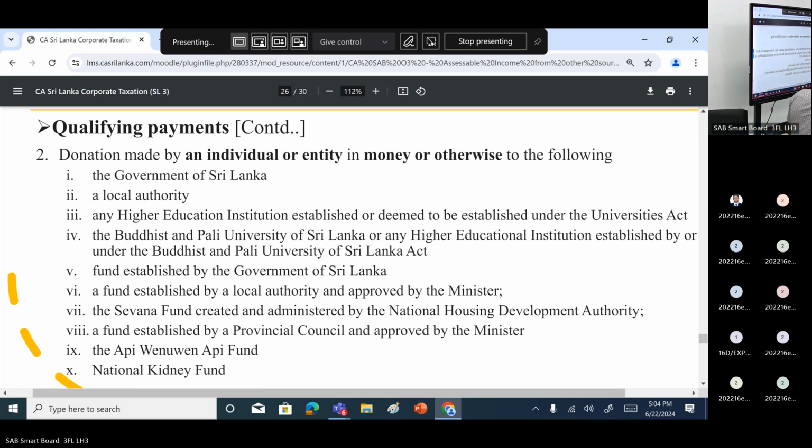Sevana fund under the National Housing Development Authority. If somebody is making a donation to the Sevana fund, that is treated as a qualifying payment, right? Previously we had the lottery called Sevana. I don't know about right now. The amount they got from that lottery was used to put up houses for low income earners.